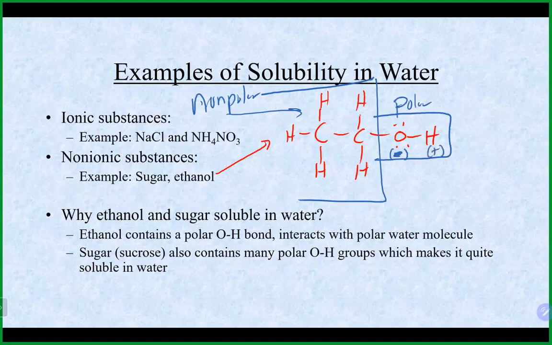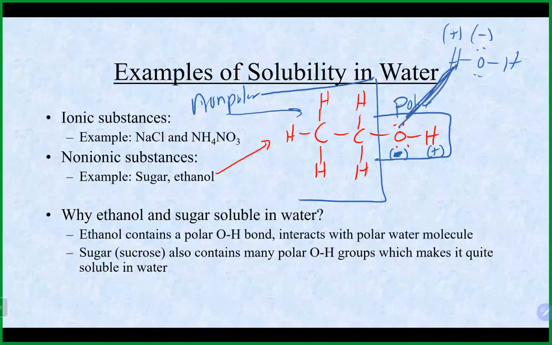So because ethanol has this OH group, even though the rest of it is nonpolar, it is able to interact really well with water, because water has the same bond, which is also negative and positive. The negative side of one is attracted to the positive side of another, and that allows ethanol and water to mix through what is known as hydrogen bonding.